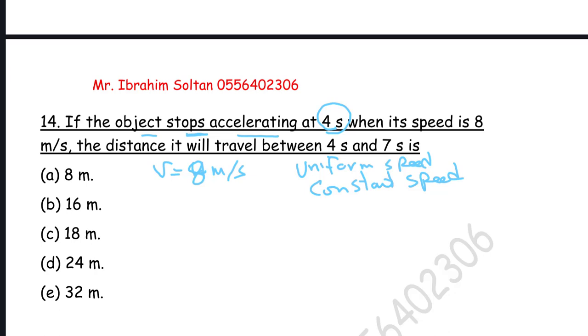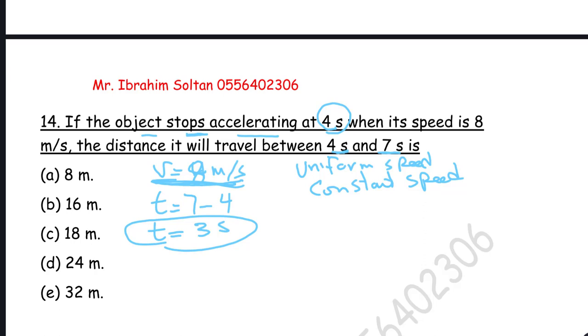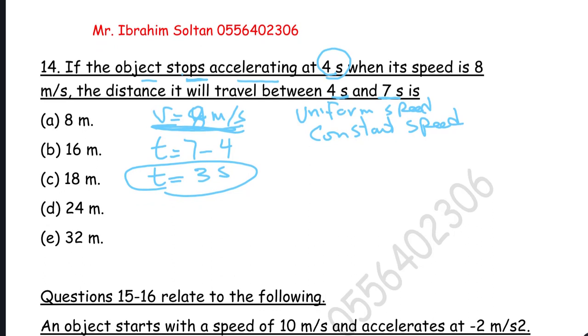The distance the object travels between time 4 seconds and 7 seconds. So t equals 7 minus 4 equals 3 seconds. And the object is moving with constant speed because it stops accelerating. So how to calculate the distance here?